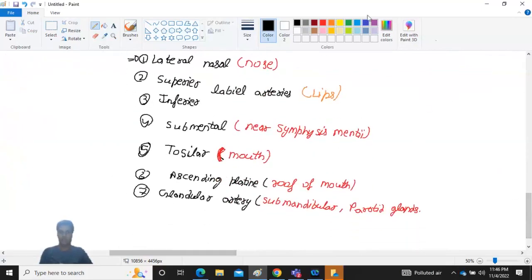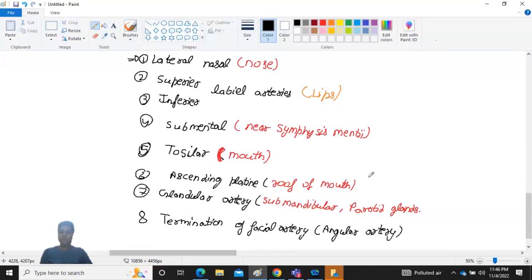We can write here the terminal branch, the termination of the facial artery, is the angular artery for the eye region. We can write eye.